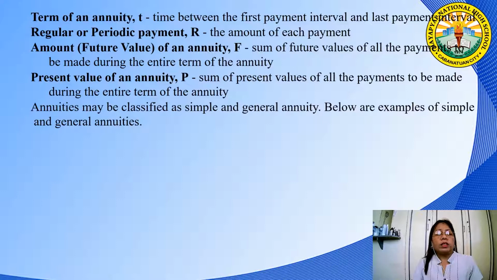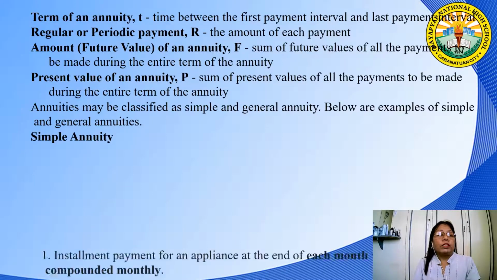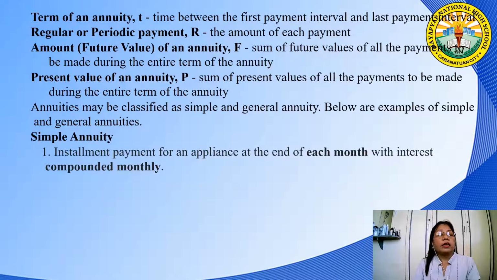Annuities may be classified as simple and general annuity. Below are examples of simple and general annuities. For simple annuity: the installment payment for an appliance at the end of each month with interest compounded monthly.